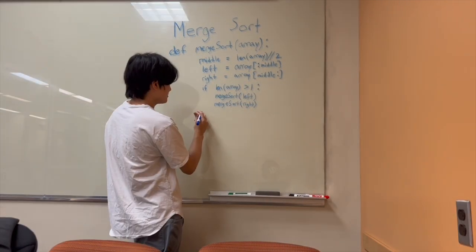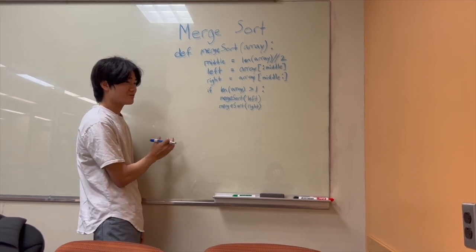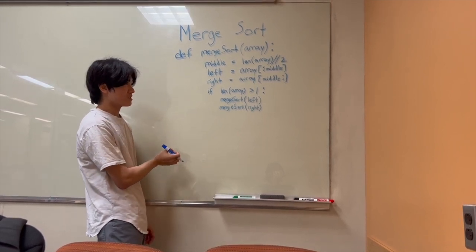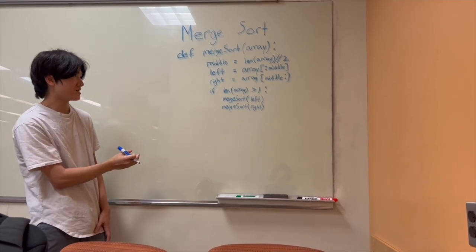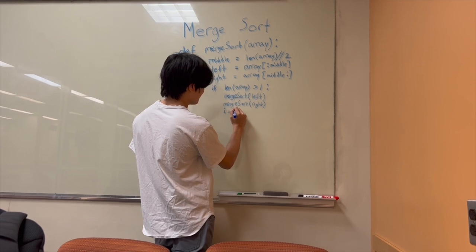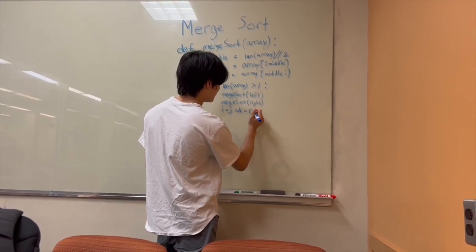We're going to have a while loop to check which value in each subarray half, the left and right, should go into the sorted array based on which one's less than the other. i equals j equals k equals 0.